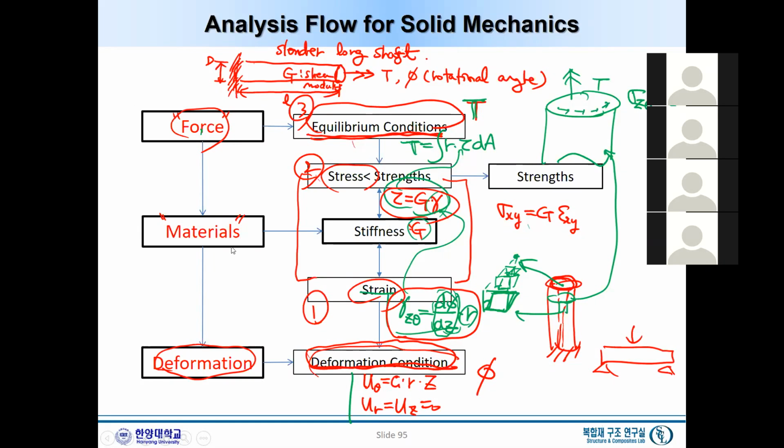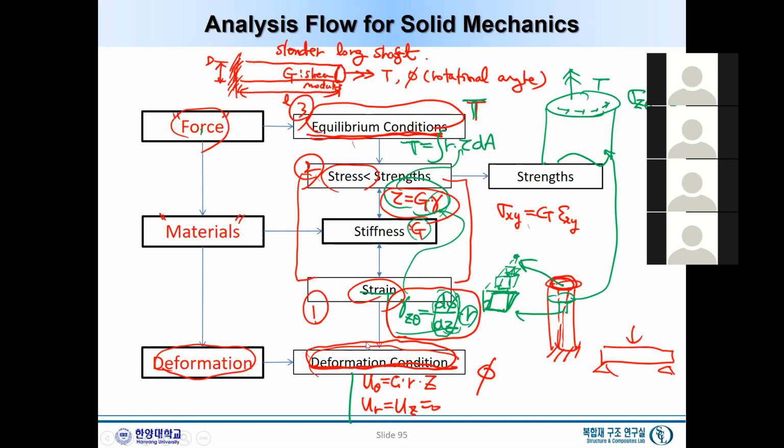And material property in this case will be the shear stiffness. And torsion load should also meet the equilibrium. And inside material there is a stress, and of course a strain. And stress and strain, there is a relation. In this case, it's mainly shear stress, so there will be a shear stiffness.